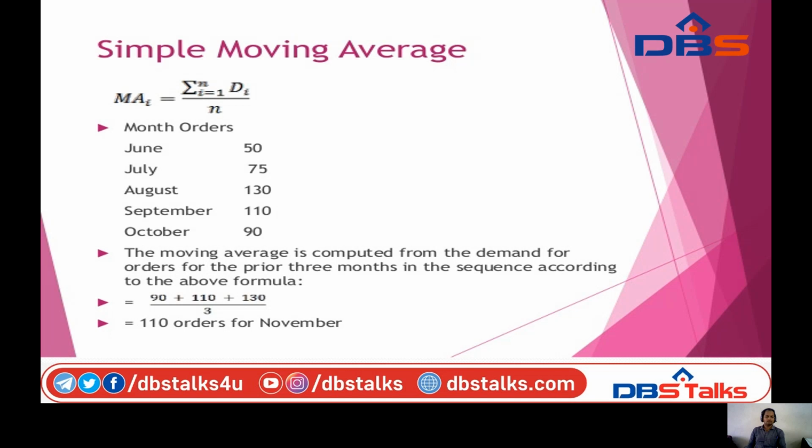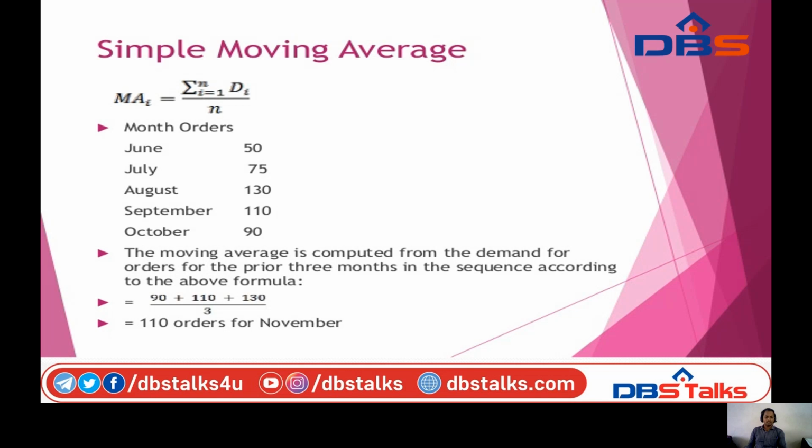Let us consider one model. We are taking the orders of the months June, July, August, September, October. The moving average is to be computed from the demand for a period of 3 months, going from present to past, so in the order of October, September, and August.